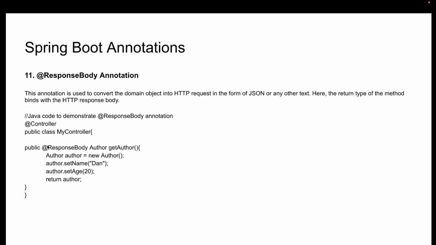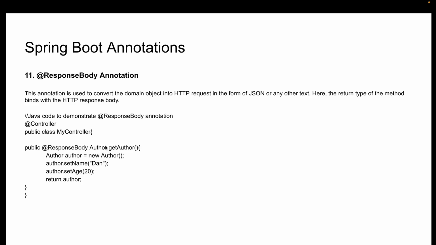And this response body means this API is basically for fetching the information related to this author. And this response body basically tells that once you hit your URL, you will be getting some kind of JSON response from the API, and that will be in the form of an Author object which will be converted to JSON.